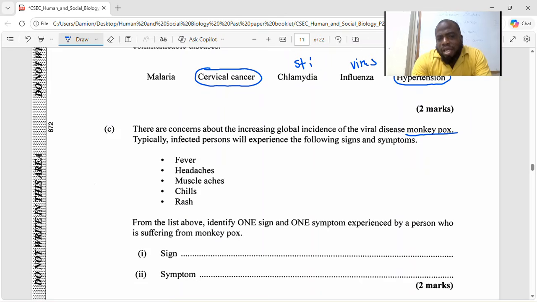So fever, headaches, muscle aches, chills, rash, these are the signs and symptoms. So from the list above, identify one sign, one symptom experienced by a person who is suffering from monkeypox.